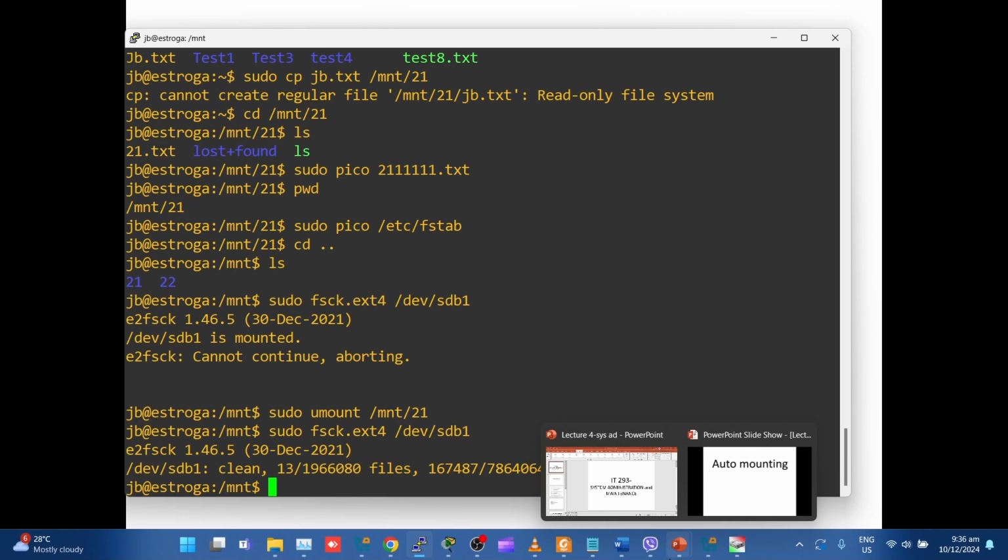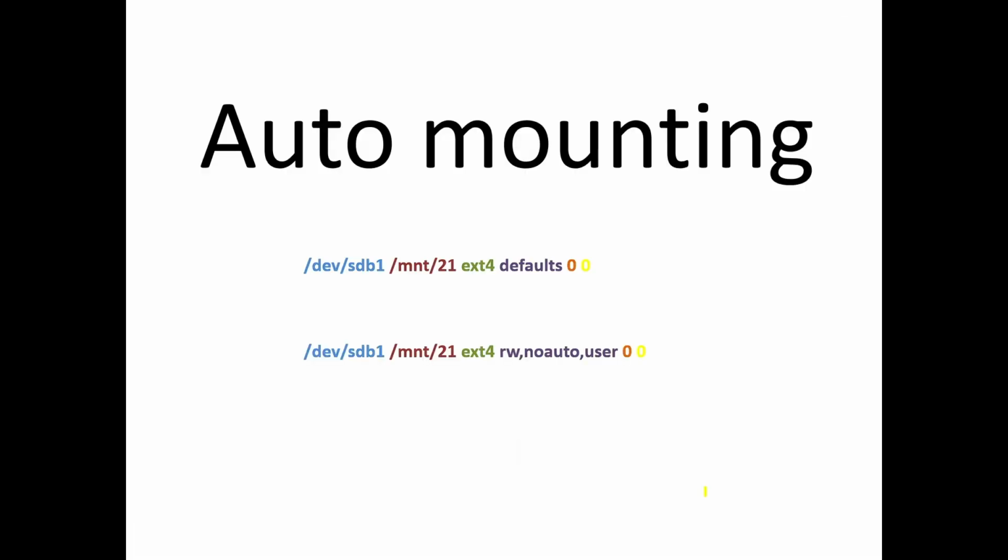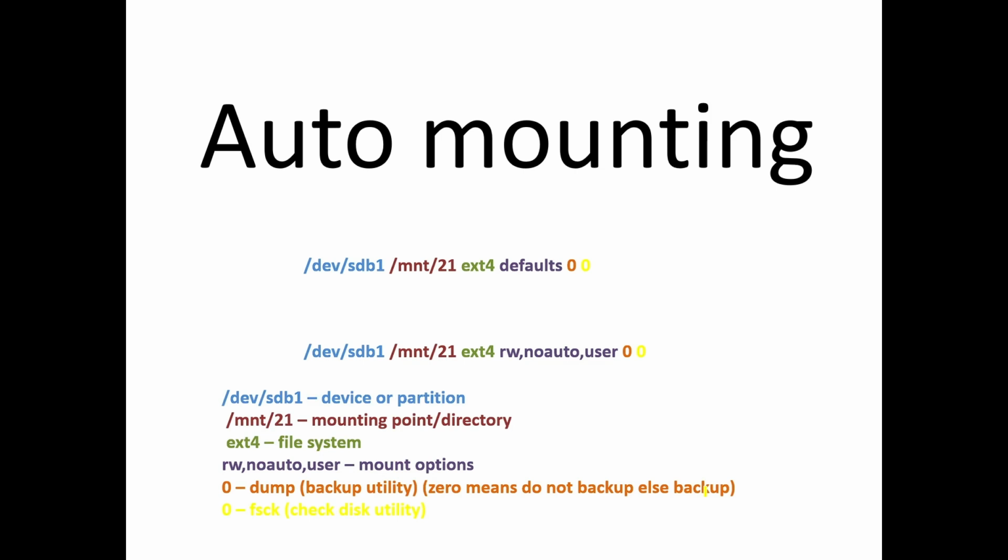One other option is to include the fsck utility, the check utility, during boot up. How to do it? You just place 1 instead of 0 after the yellow 0, so that every time the system reboots, it will automatically check this particular partition.